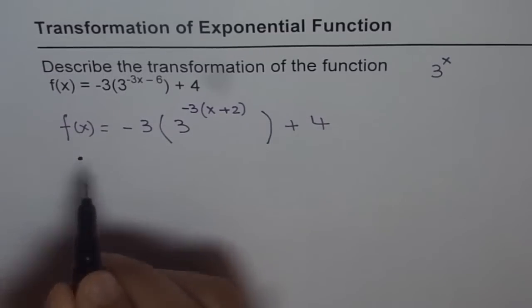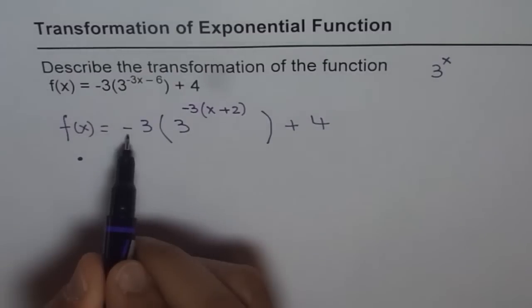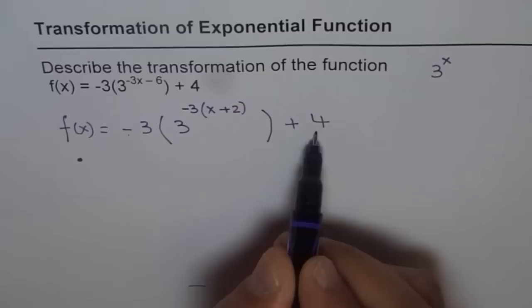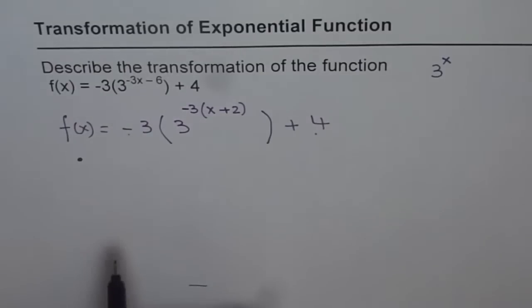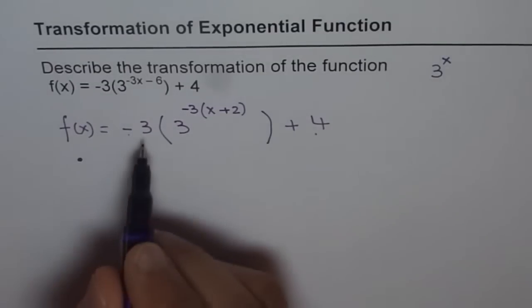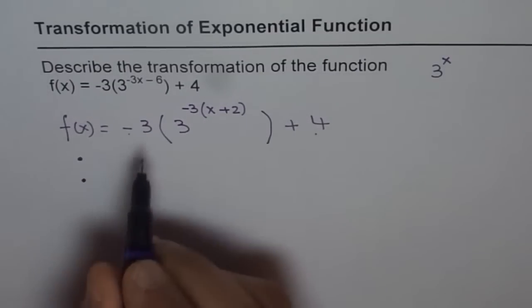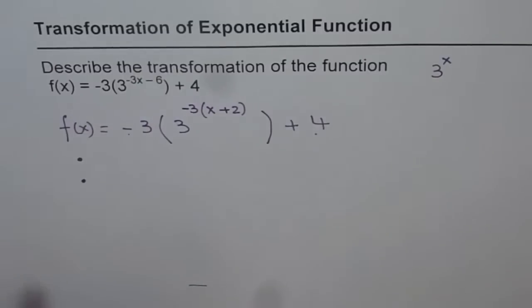The first one is a reflection on the x-axis. These two things give you vertical changes, so they are vertically moving and reflecting along the x-axis. The next one is 3, a vertical stretch by a factor of 3.